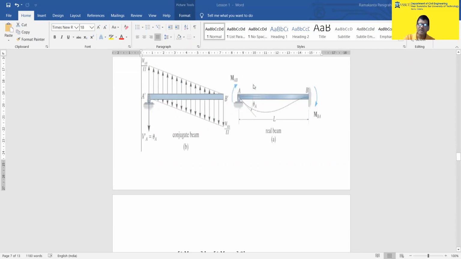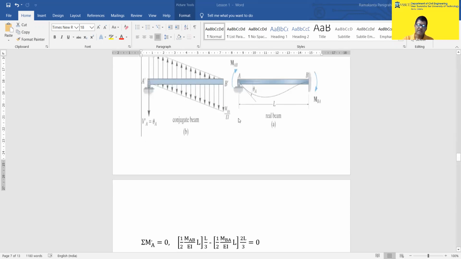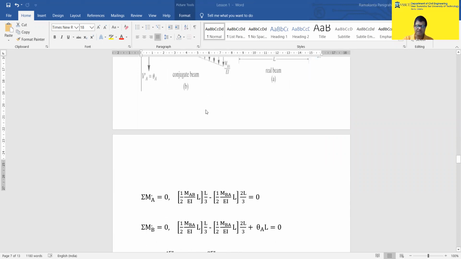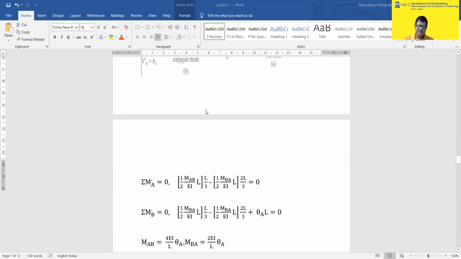So it is clockwise here and clockwise there. As you know, one is positive and one is negative, because for the bending moment diagram, clockwise moment from this side is positive and anticlockwise from the other side is positive. So this minus this is equal to 0, so sigma MA is equal to 0. Similarly, you can find sigma MB is equal to 0.